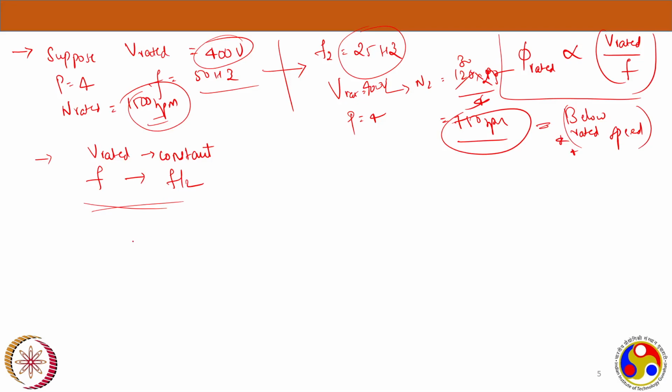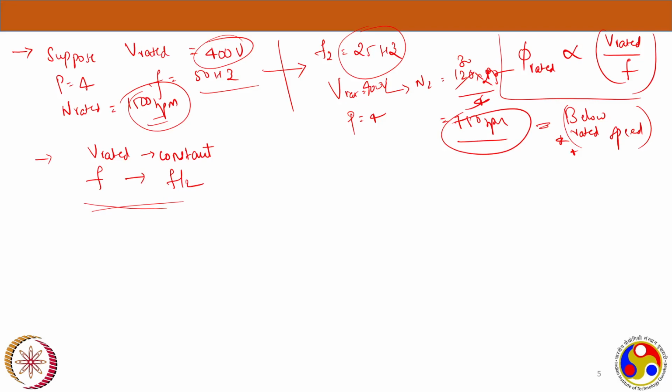Now, what is the problem? We have achieved speed control below the rated speed. I was getting 1500 RPM before and now I'm getting half of it. Well, it's good, I'm getting the speed control. Now, what's the problem here? On the top right corner, I have written the formula for rated flux, which is proportional to rated voltage divided by frequency.